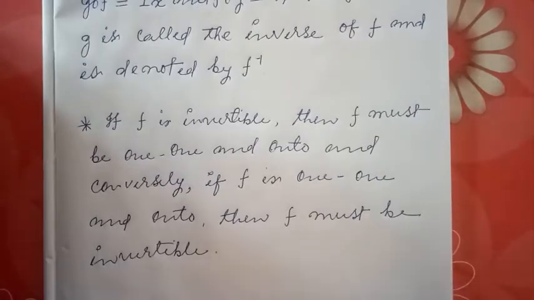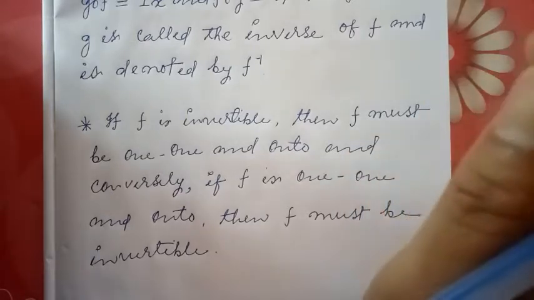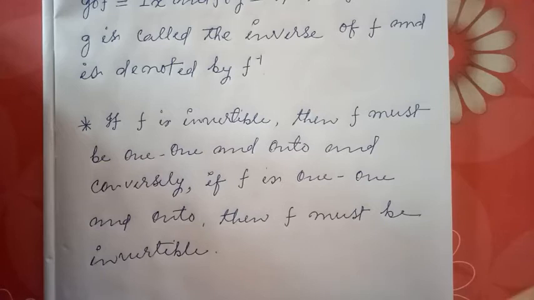So if a function is invertible, then f must be one-one and onto. Conversely, if f is one-one and onto, then f must be invertible. That means invertibility is only possible if the function is both one-one and onto.